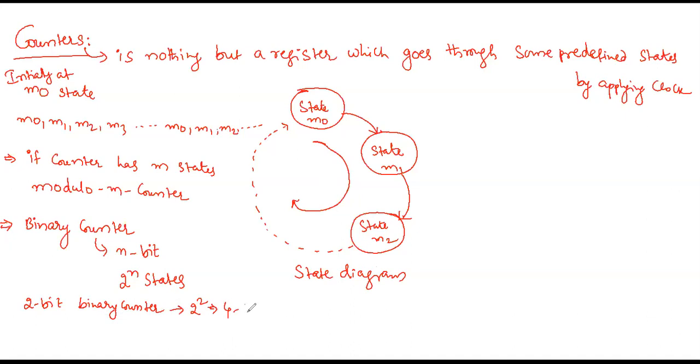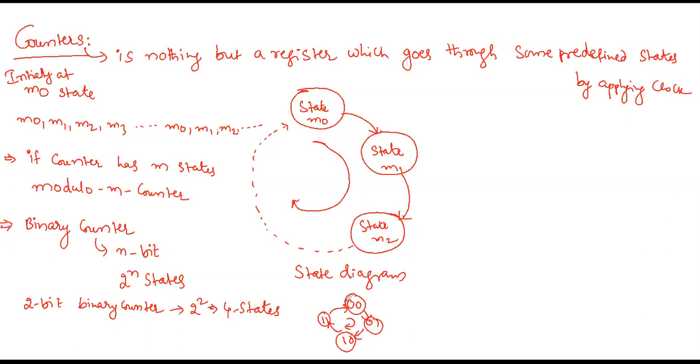And what are the 4 states? Generally with 2 bits we know 0 0, 0 1, 1 0, 1 1. So these are the 4 states: 0 0, 0 1, 1 0, 1 1, and then 0 0 again. This is the 2-bit up counter generally. This is about the counters introduction.